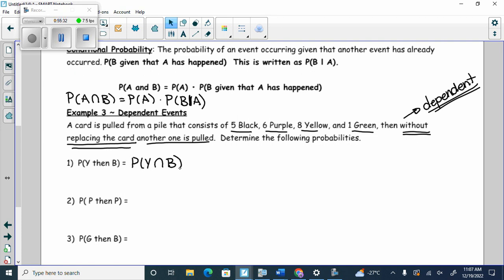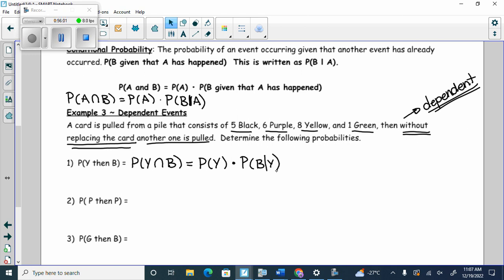Now this is without replacement, we agree? So we have to use the dependent formula, which is the probability of yellow times the probability of blue, and then what do I have to do? Straight up and down line, given that the first card was yellow. That's all that means. What's a blue, given that I'm holding a yellow in this hand? That's all that means.